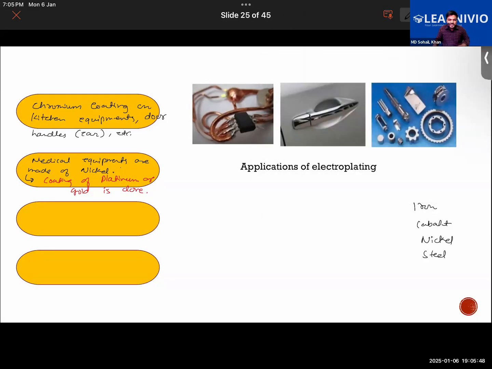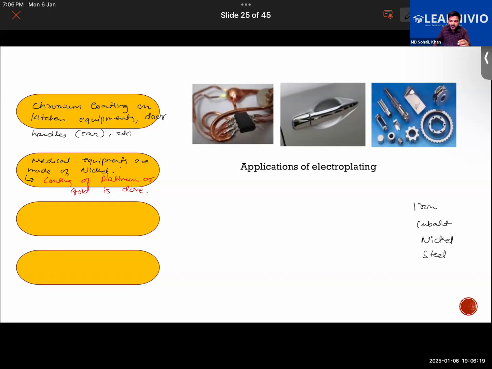Next, certain kinds of jewelry, almost all jewelry. Jewelry makers often make ornaments of less expensive metal, but provide a coating of gold or silver upon them. You cannot have a jewelry that is 100% pure gold, because pure gold is very soft and very malleable.